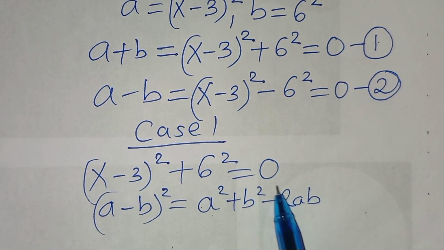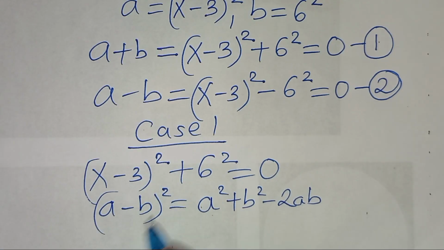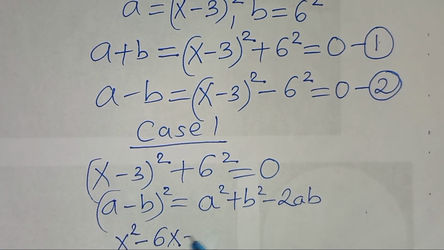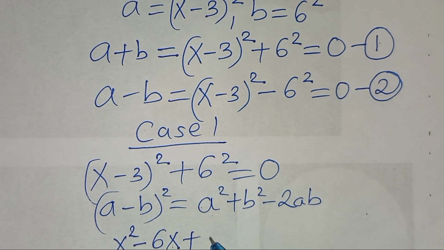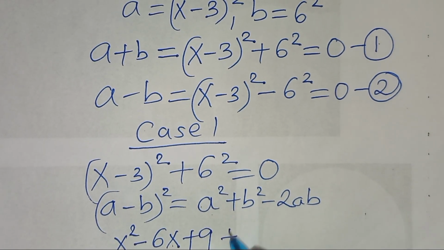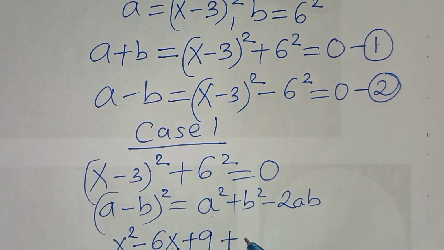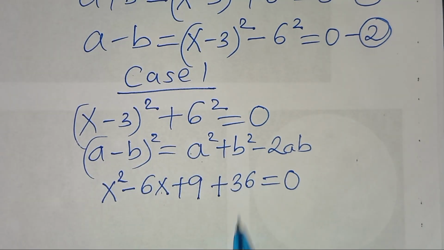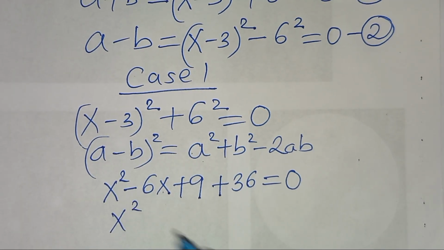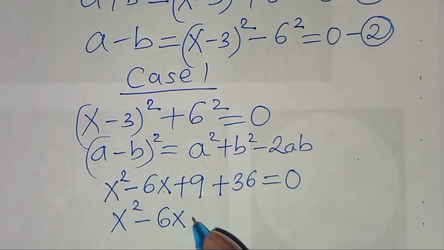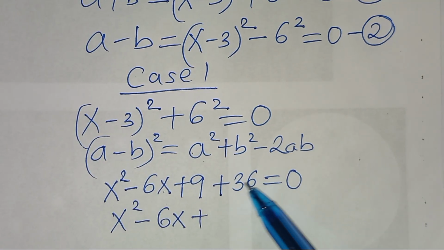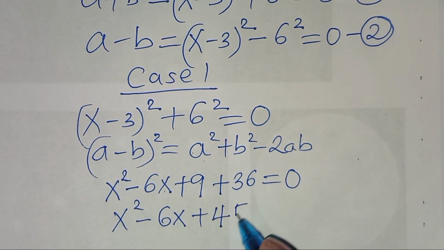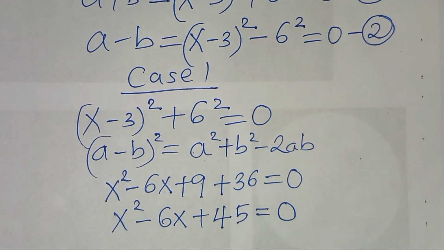Applying this identity, we have x^2 - 6x + 9 + 36 = 0. So we have x^2 - 6x + 45 = 0.